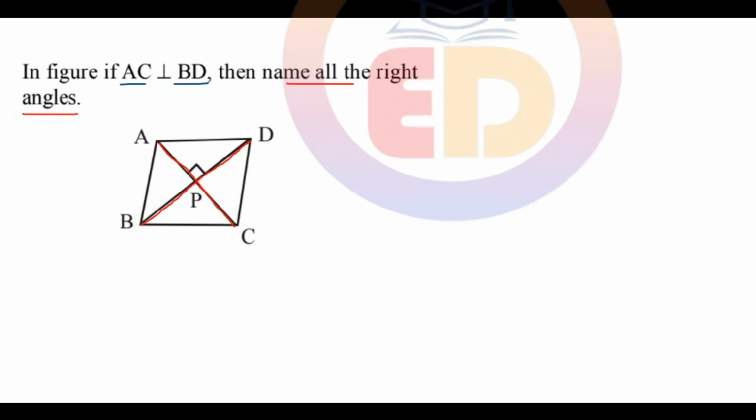And if AC is perpendicular to BD, then all the angles here are right angles, meaning 90-degree angles. The first right angle will be angle APD. This means this is the 90-degree angle.